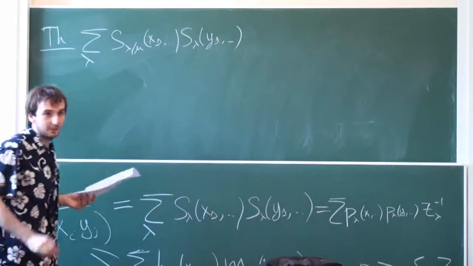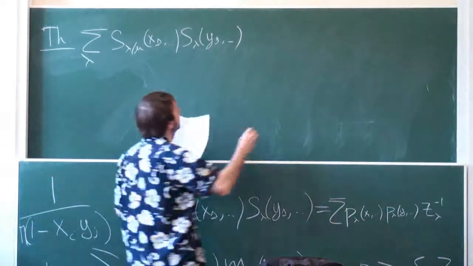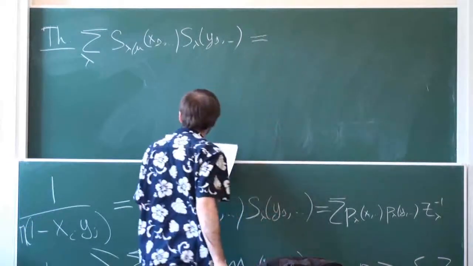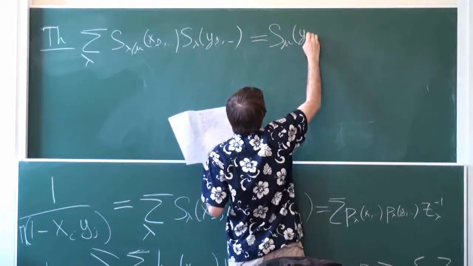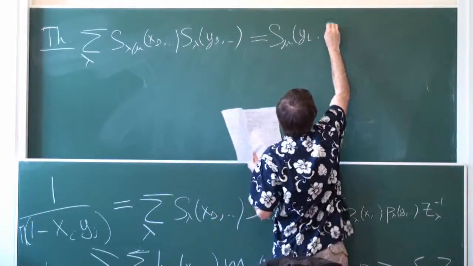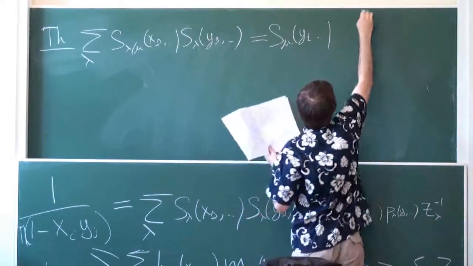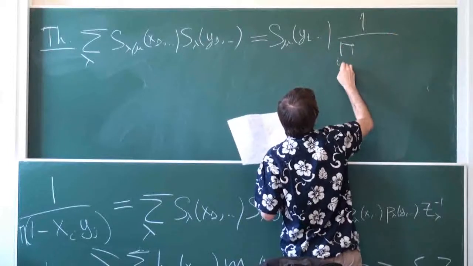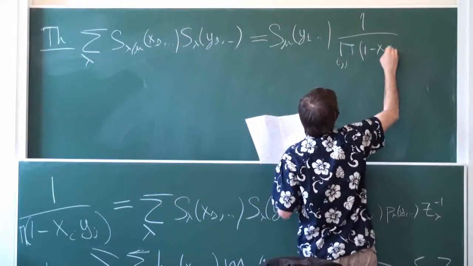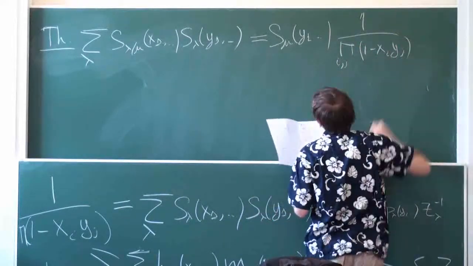So this sum still can be computed. And this is precisely S mu of I1 times product over ij of 1 over 1 minus xi yj.